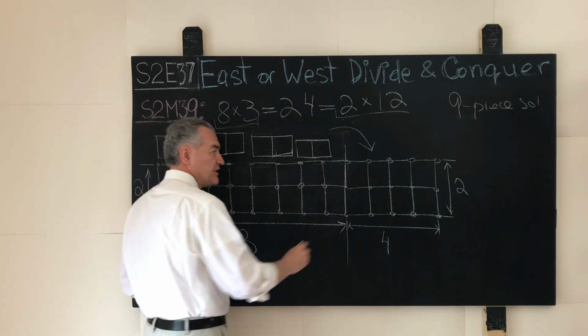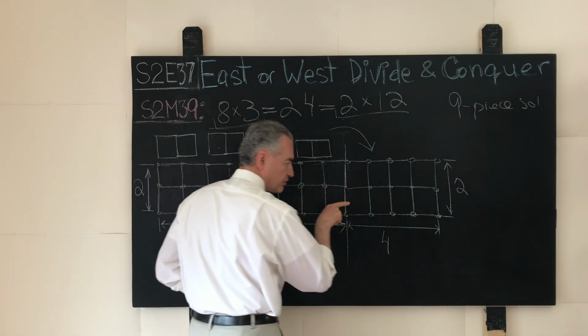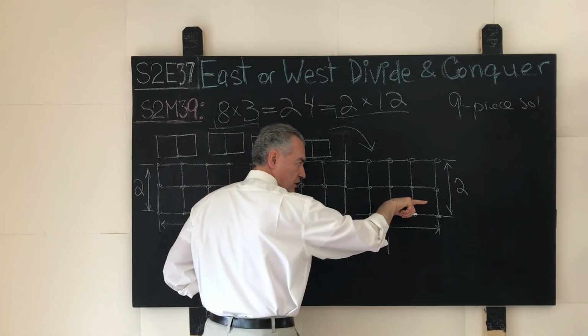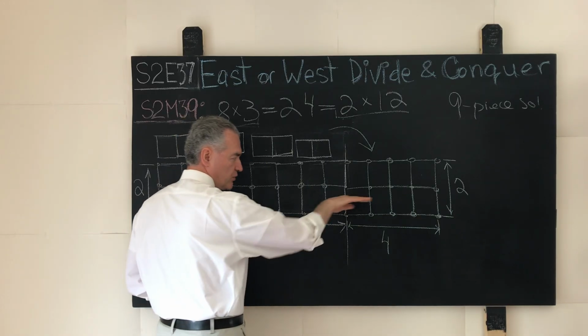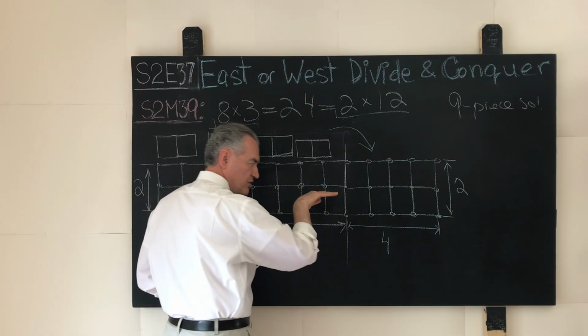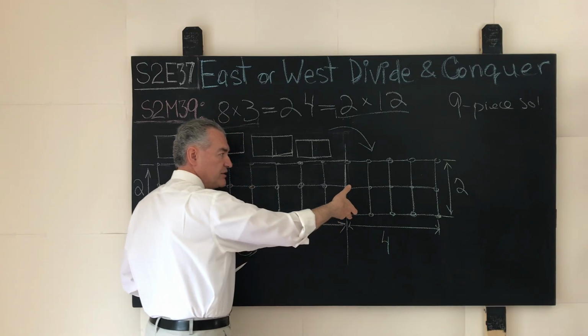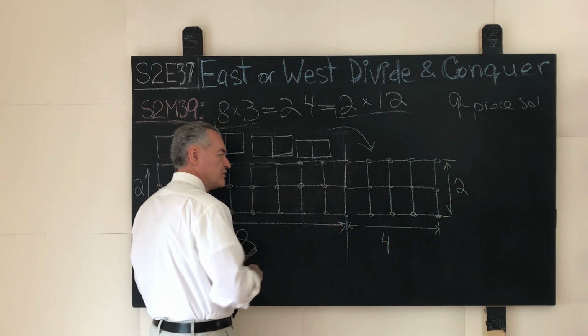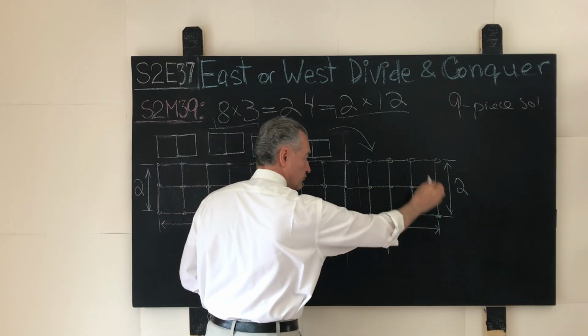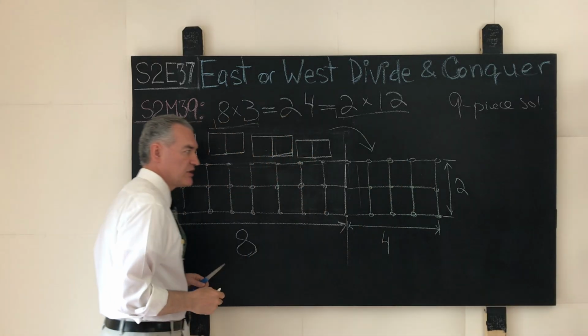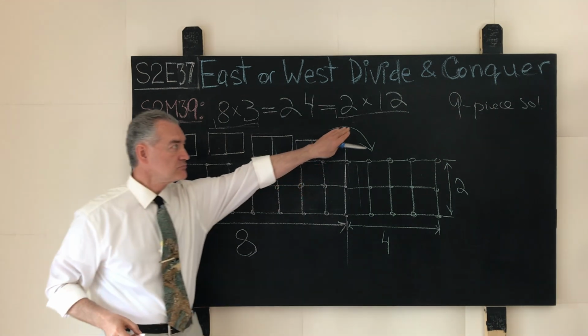Well, we can stack them up lengthwise, for example, this way, this way, this way, and this way. Or we can stack them horizontally, or we can stack them vertically. For example, we can put them this way, 1, 2, 3, and 4.